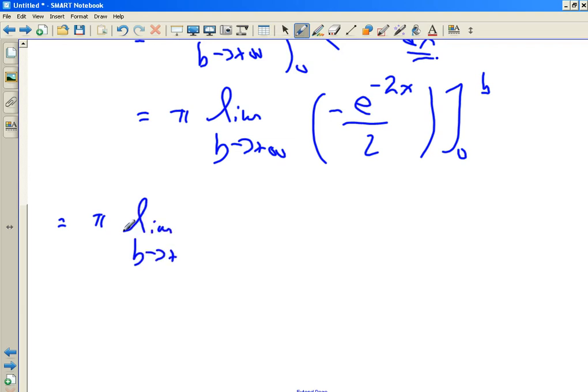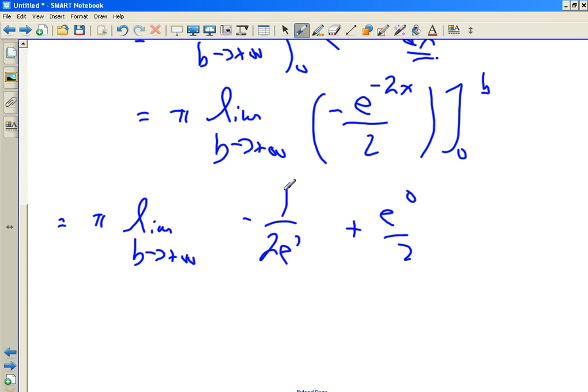As b gets huge, plug in b, so negative e to the negative 2b over 2. Minus is plus e to the 0 over 2. Of course, e to the 0 is what? 1. And what's this limit? As b gets humongous, what does e to the negative 2b do? Approaches 0. Because what is e to the negative 2b really? It's 1 over e to the 2b. I could write it this way.